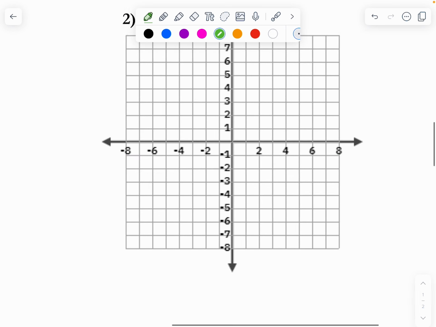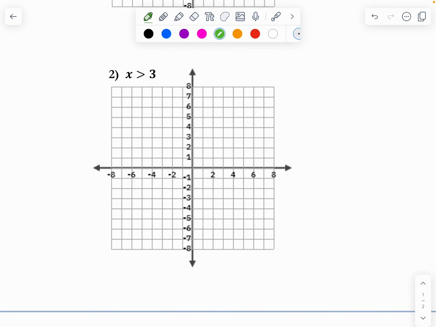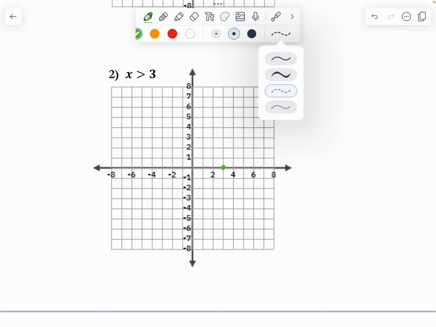For the other one, x is greater than 3. I'm going to mark my 3 here. But now it's greater than, so I'm going to go ahead and make a dashed line. Now remember, I know I didn't put it on here, but I shouldn't have to, right?